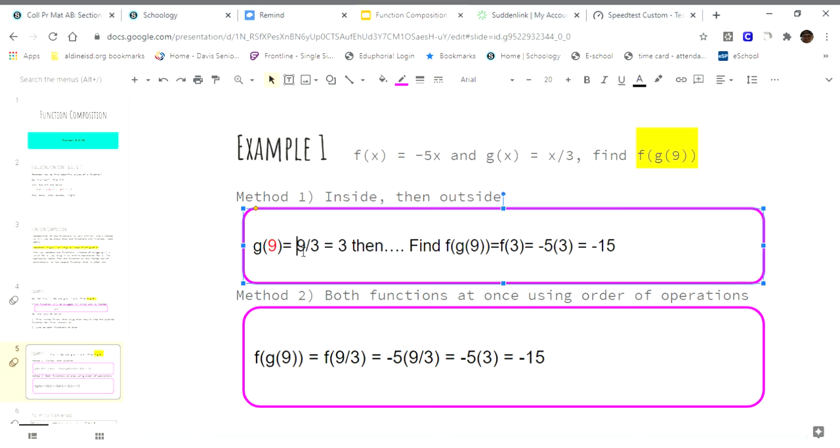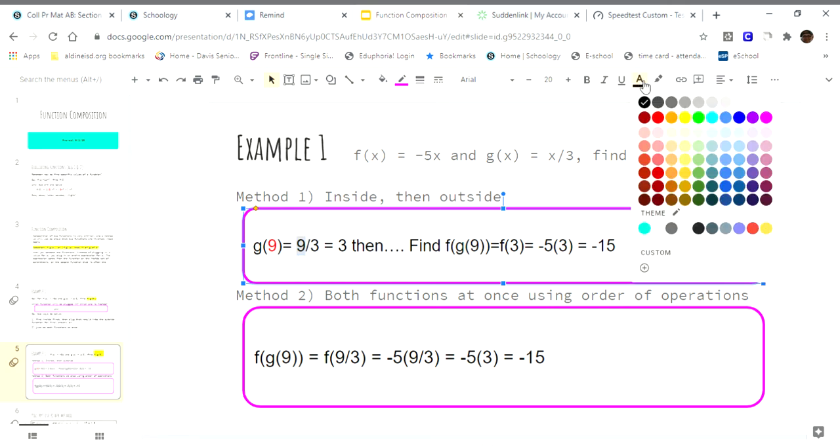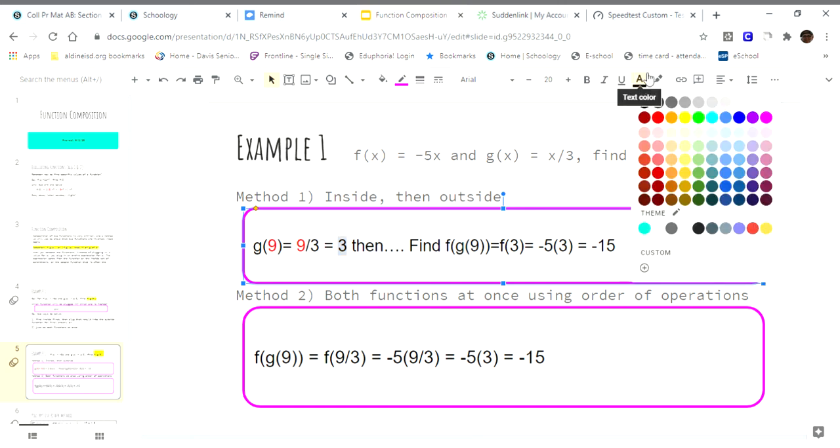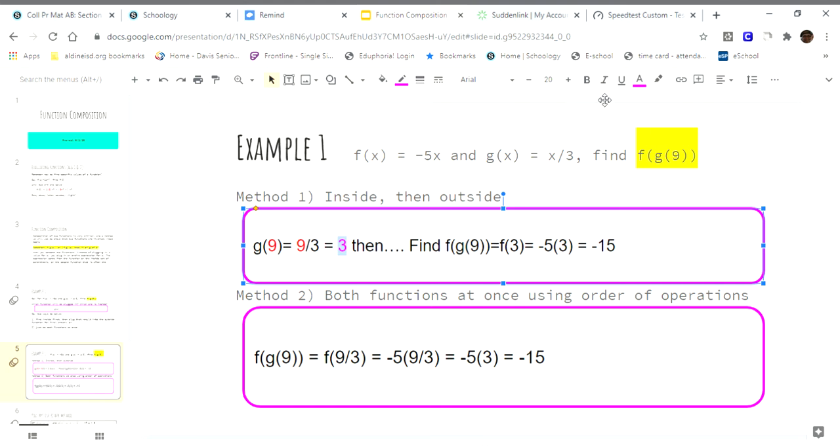So when I put that into g of x, it becomes 9 divided by 3, which of course just gives us 3. Okay, and I take that value and I'm going to plug it into f of x.